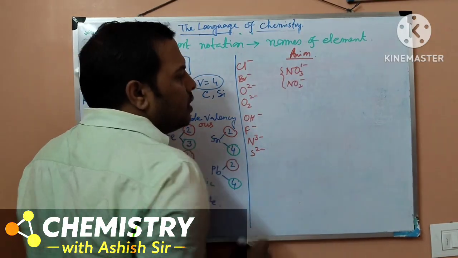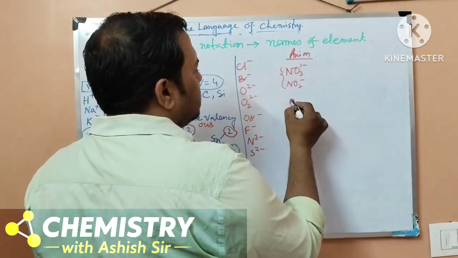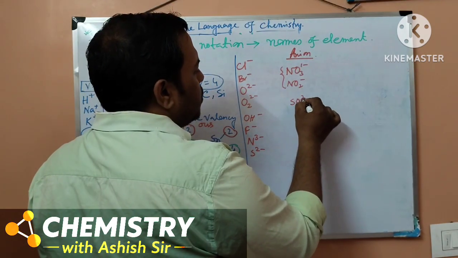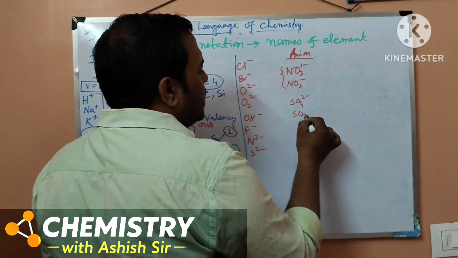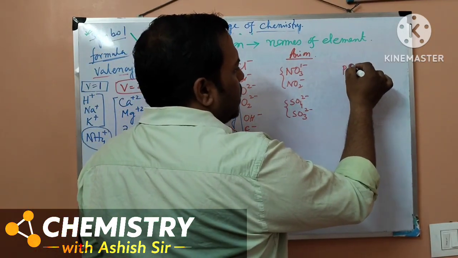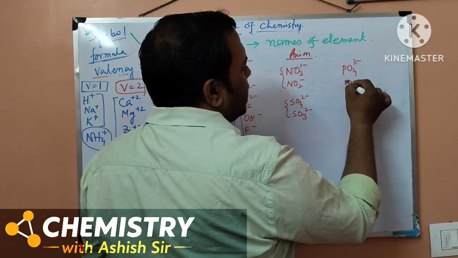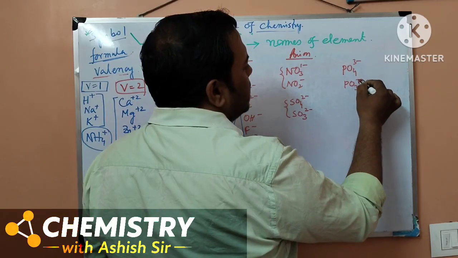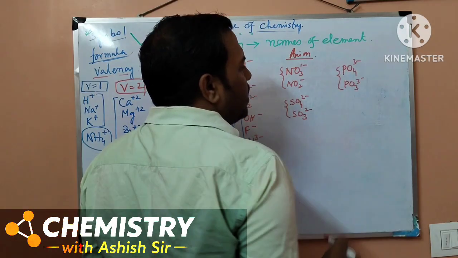That is from one lot. Then SO4 2 minus and SO3 2 minus, forming one lot. PO4 3 minus and PO3 3 minus, also forming another lot.